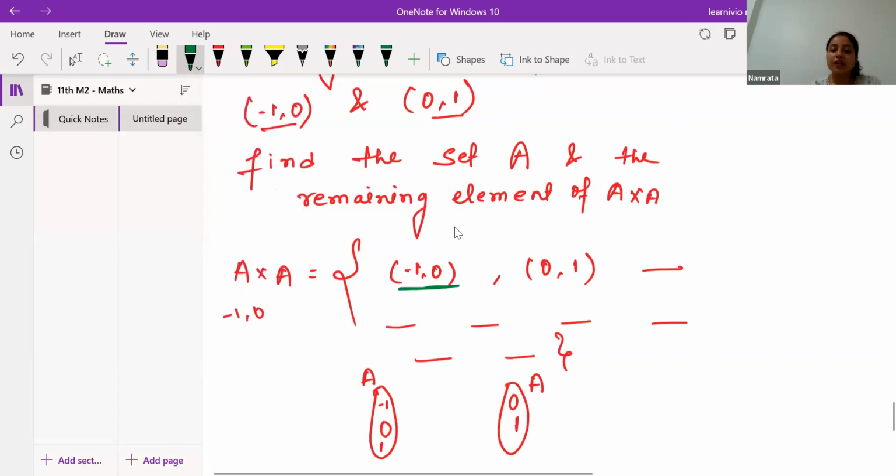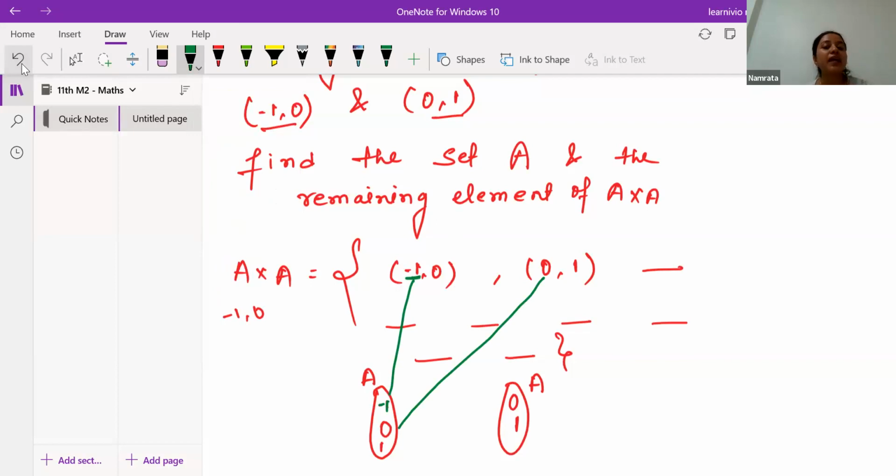I am filling -1 from here and 0 from here, and similarly the next element in the next set A, but both are A only. If we include both, then we get the idea that the 3 elements can be -1, 0 and 1, right? Yes, ma'am.